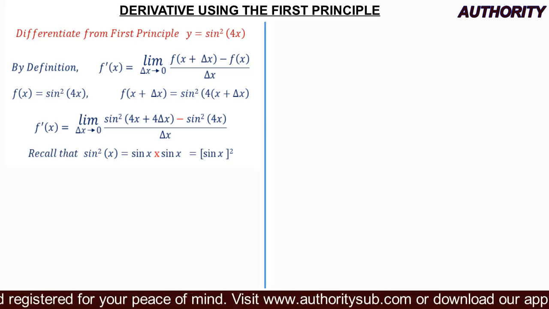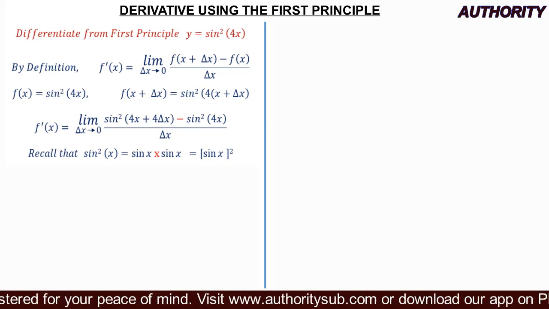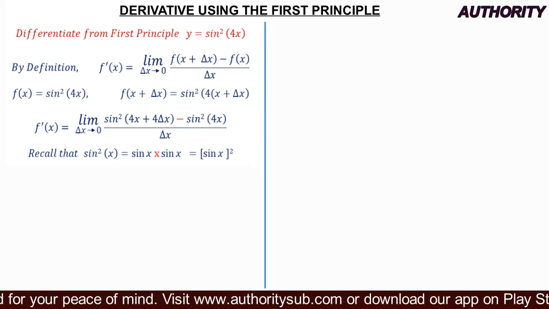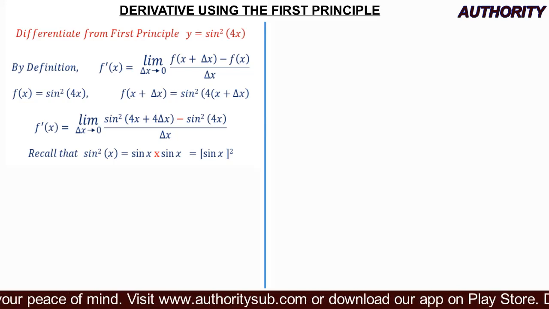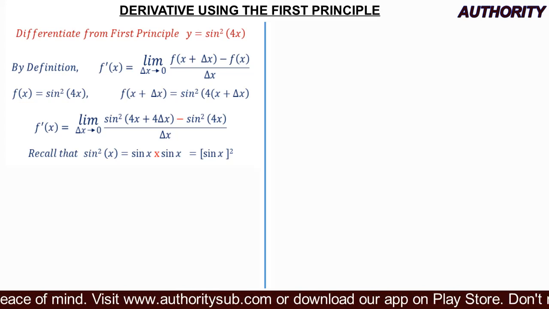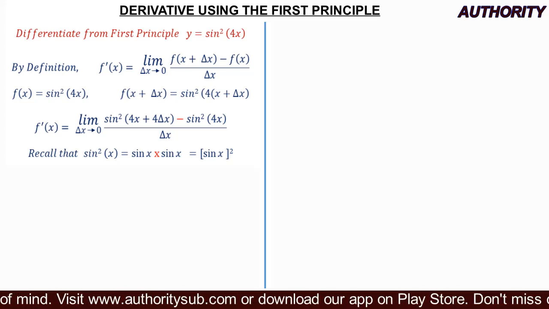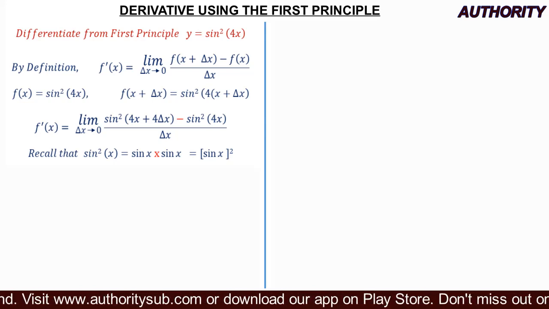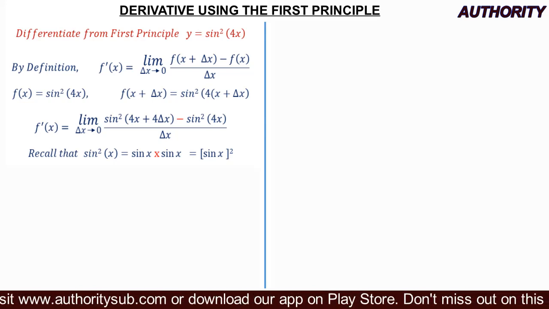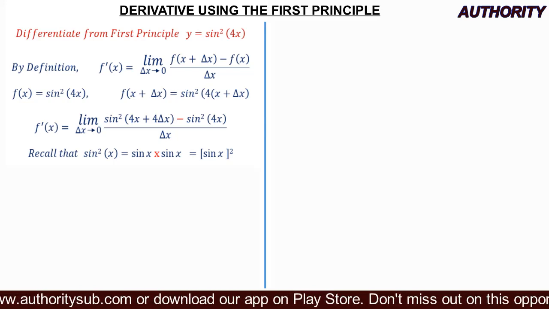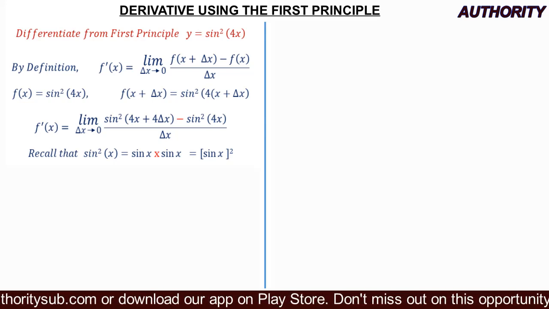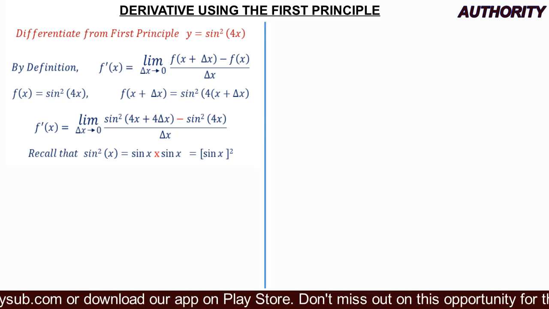Yes, it's true. And if you have sin cube x, it's the same as saying sin x multiplied by sin x multiplied by sin x. So if it is the same, it's also the same as saying sin x all in bracket squared. So you can put the squared inside or everything squared is the same.